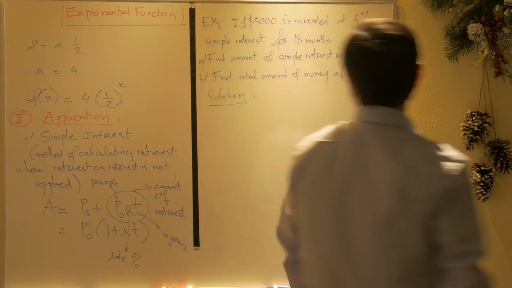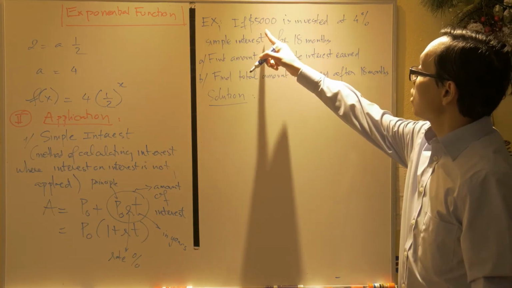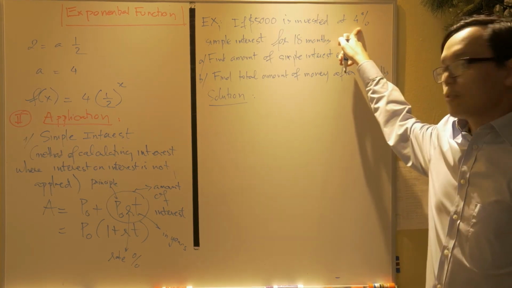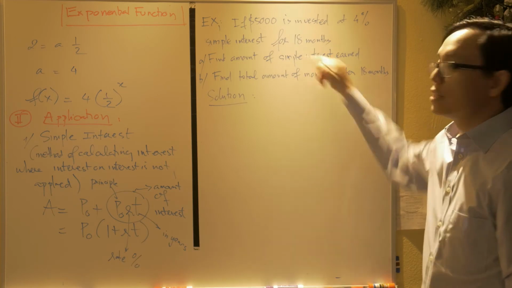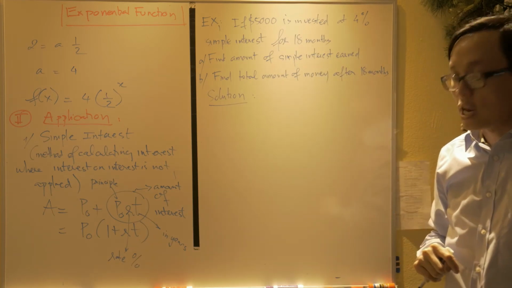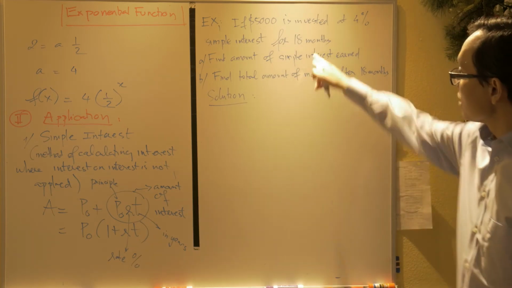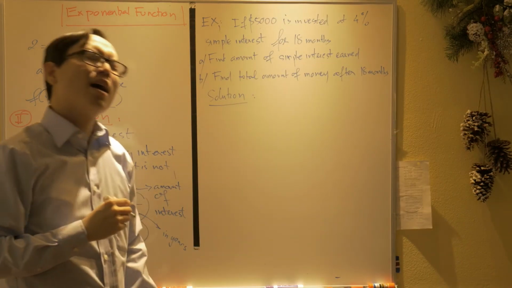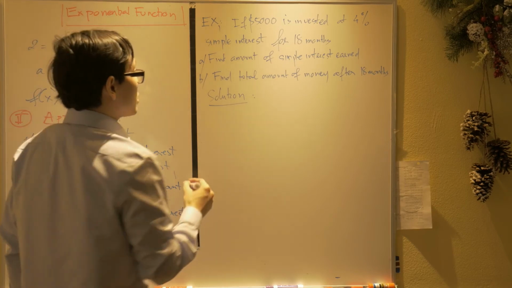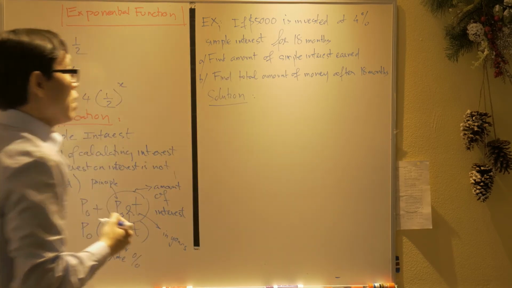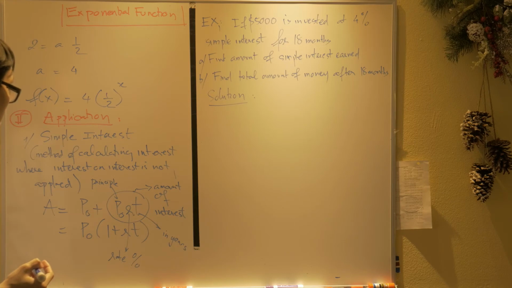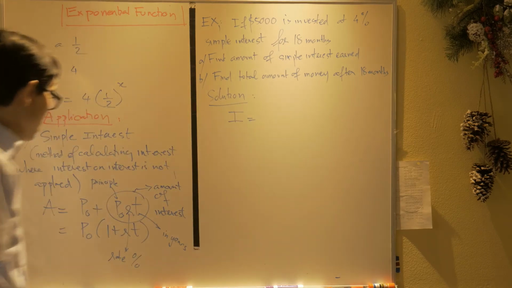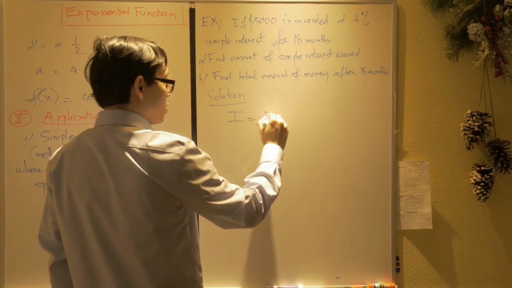So the initial amount is $5,000. You want to invest $5,000 in the bank. The time is given in months, so we have to change it to years. 18 months is 1.5 years. We call the amount of simple interest I, equal to P naught RT.